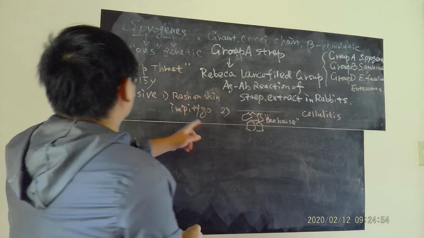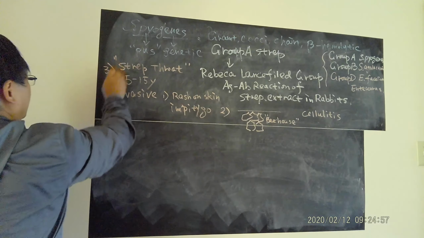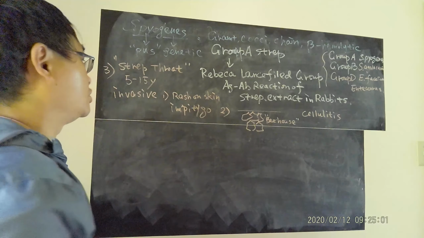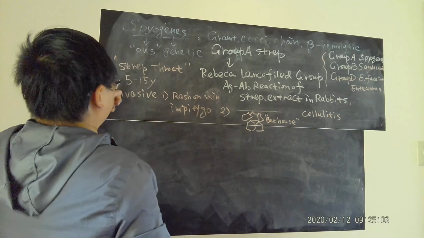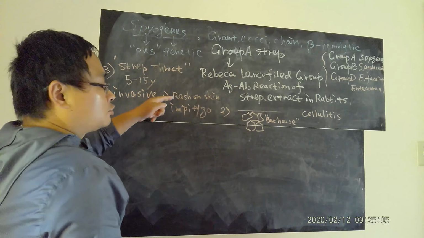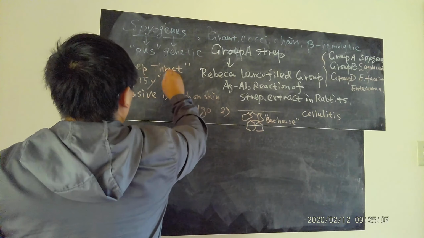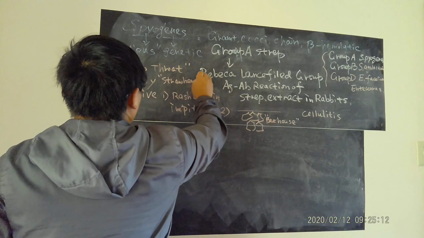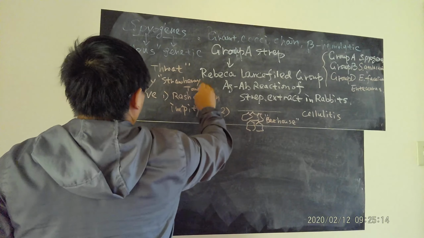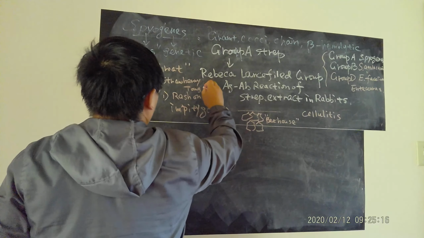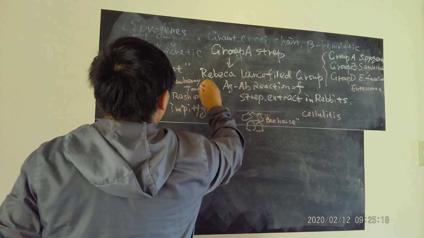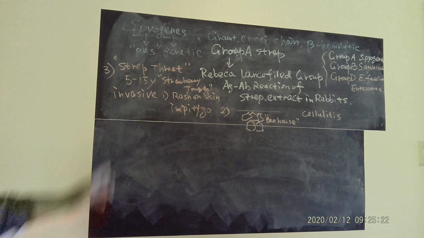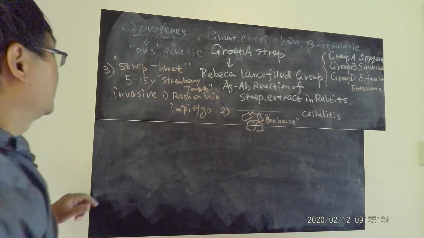Third, it becomes strep throat, so strep throat is actually the third stage. At the same time, the 5 to 15 year old kids, who are the risk group, could also have a strawberry tongue.